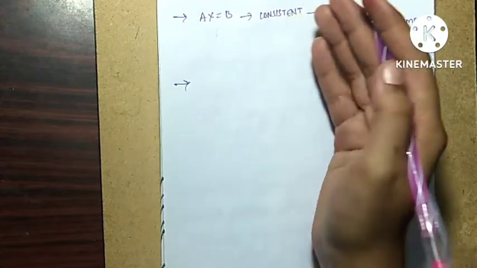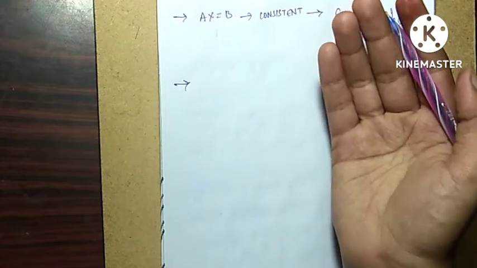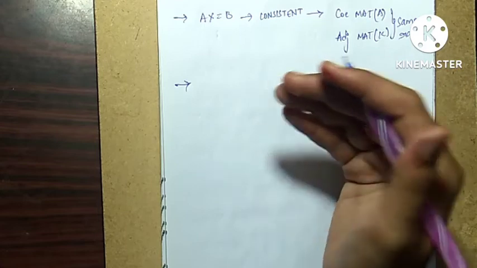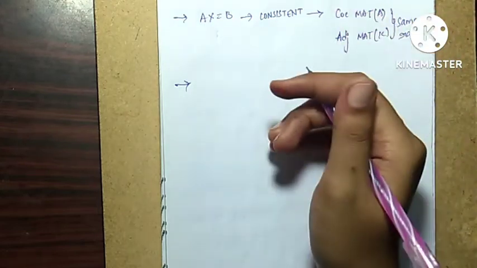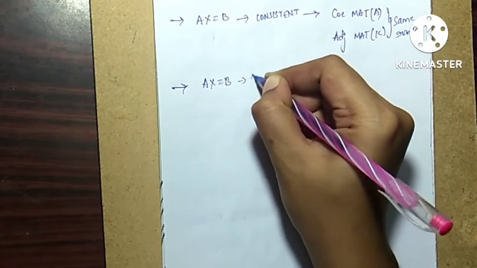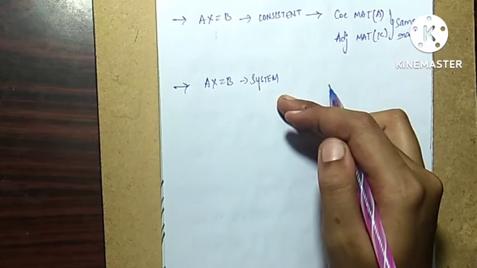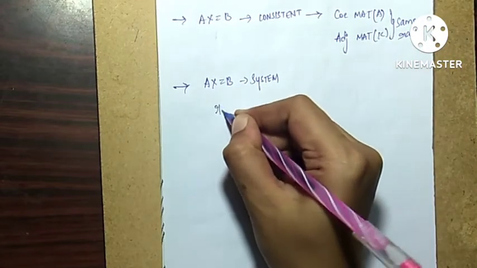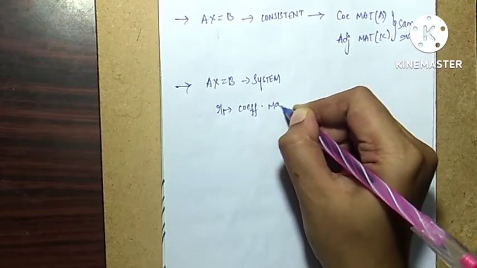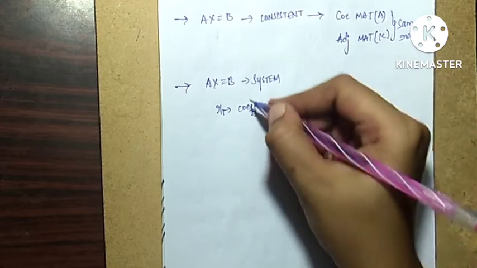Let AX equals B be a system of m equations in n unknowns. Then R1 is the rank of the coefficient matrix and R2 is the rank of the augmented matrix.